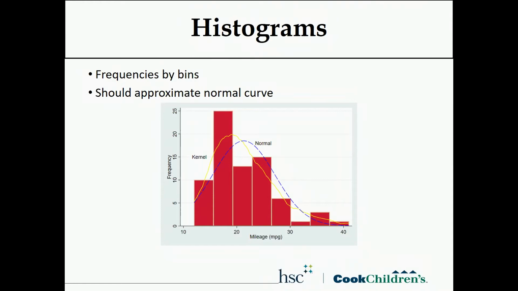And you can compare that to the normal distribution, which is just using the mean and standard deviation based on what you've got for that variable, the miles per gallon. You can see that it's not quite normally distributed. The kernel and the normal don't overlap. You can also see that it's kind of skewed anyway. And so the miles per gallon is probably not normally distributed.